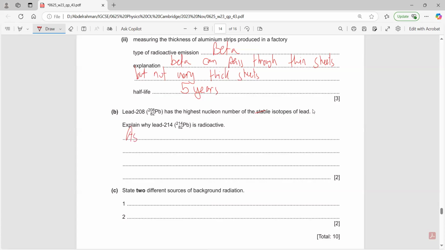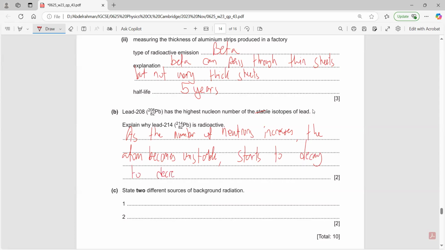As the number of neutrons increases, the atom becomes more unstable, so it starts to decay to decrease the number of neutrons.